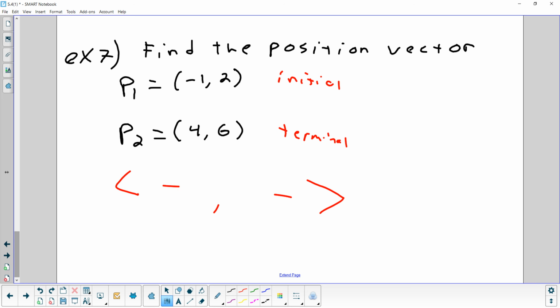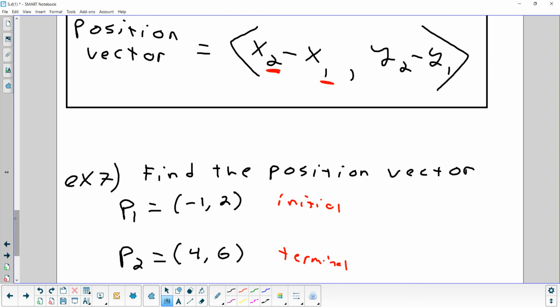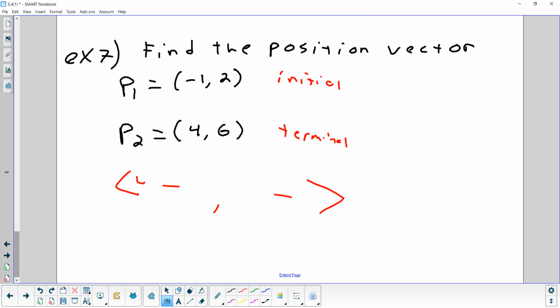What are going to be the two numbers that I subtract to get my horizontal component of my vector? Yes? 4 minus negative 1. Yep.